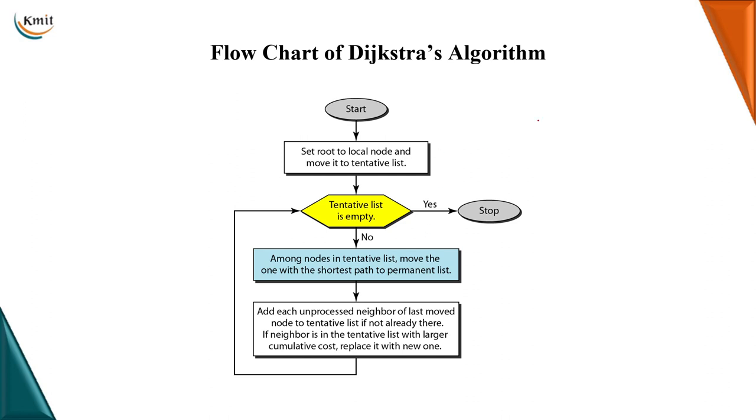We set one of the nodes in the network as the root node. Then we classify the nodes into a permanent list and a tentative list. If the tentative list is empty, we look for the neighbors of a particular node. After I visit a particular node, I will select the node with the least cost. For example, these are the nodes.